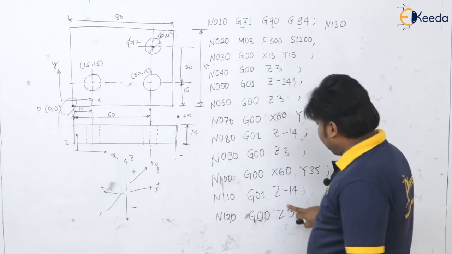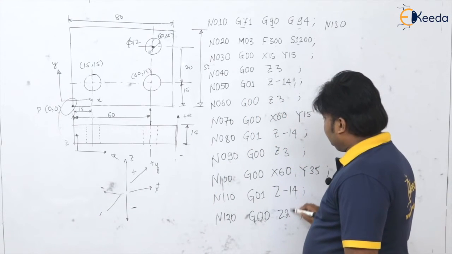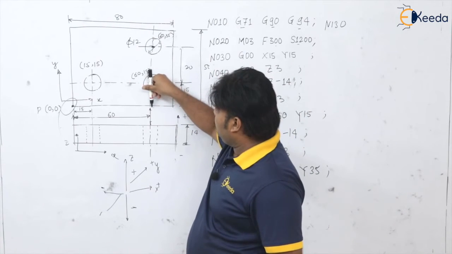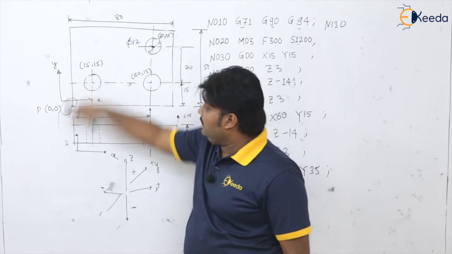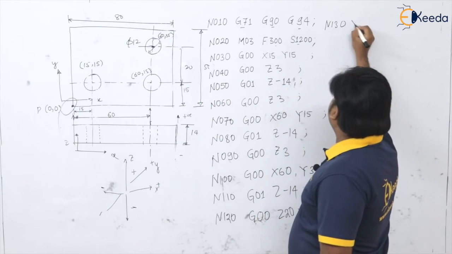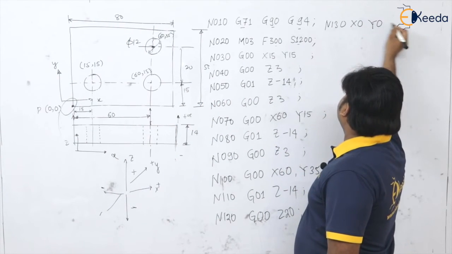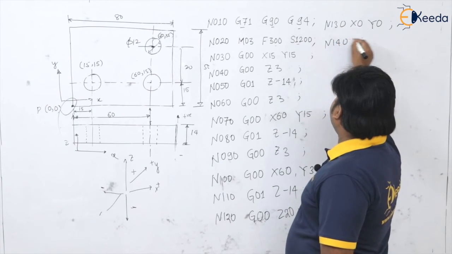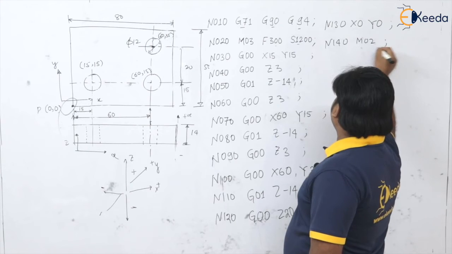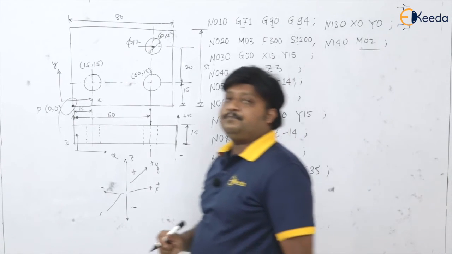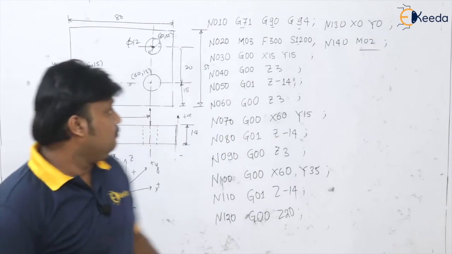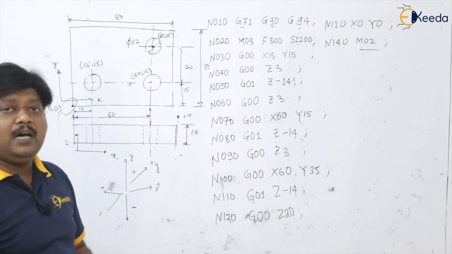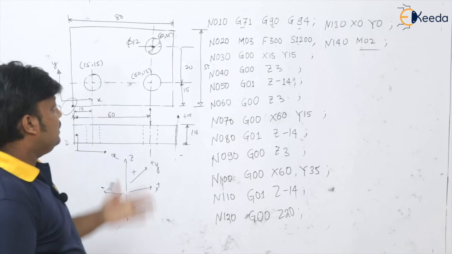So instead of Z 3, I can take Z as 20 mm, rapidly, the drill is back at 20 mm. Now directly come to the reference point X0, Y0, and here in N140 I can add M02, end of the program. This is how, very simply, we can write the part program for this drilling operation.